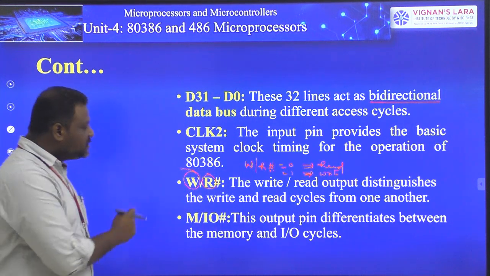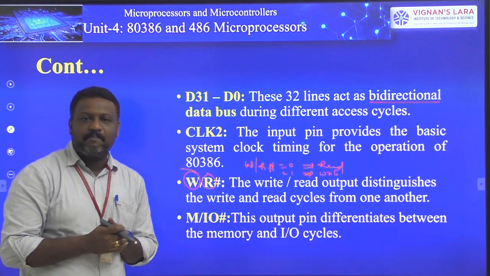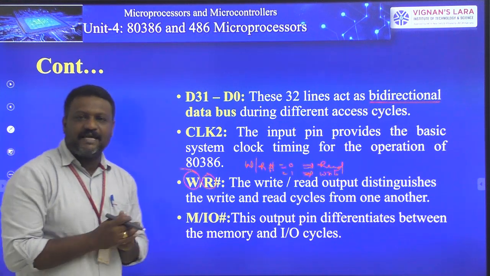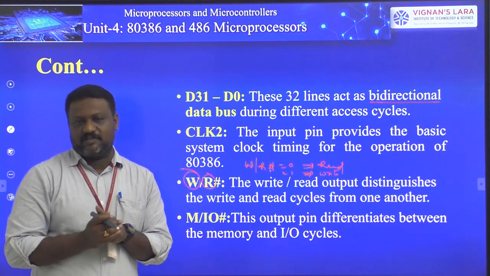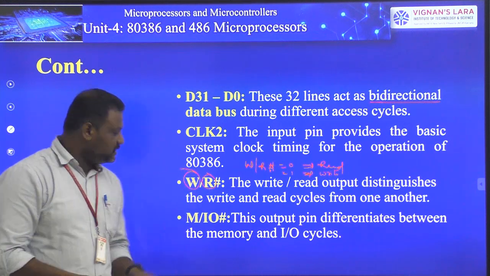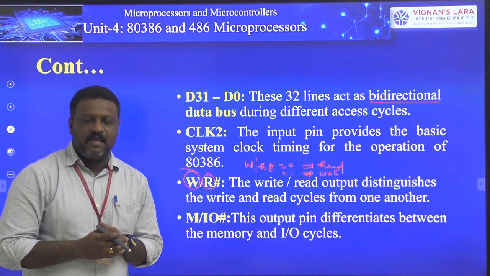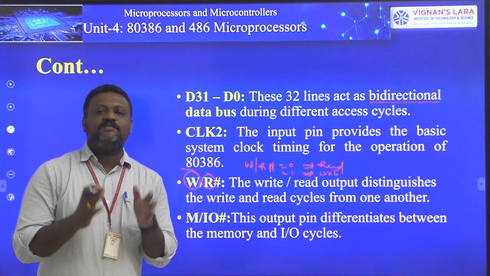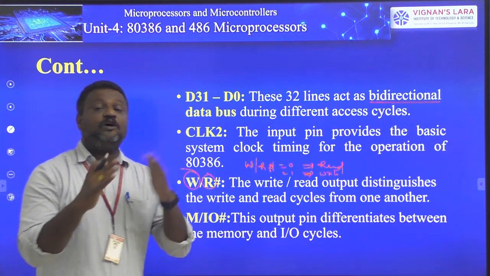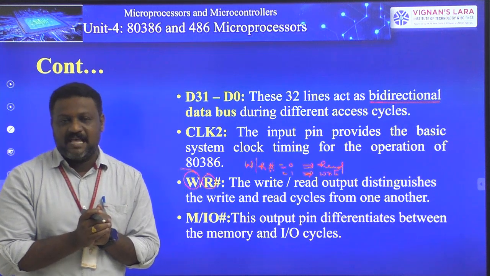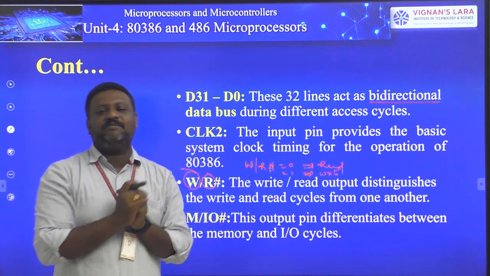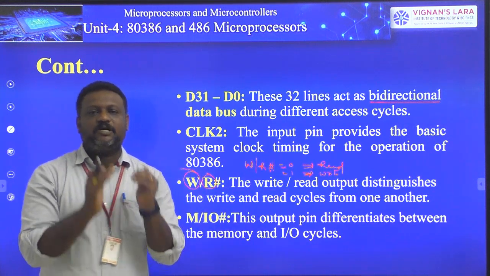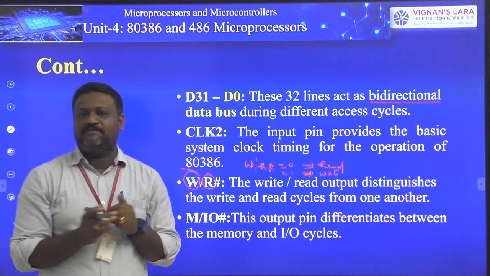Fine. And the next signal is M/IO bar, or that is M/IO hash. Basically, this is a status signal. The previous one is a control signal, but this is a status signal. What does this signal indicate? This signal indicates which operation is going on in the system. That means your processor is communicating with memory or with I/O devices.